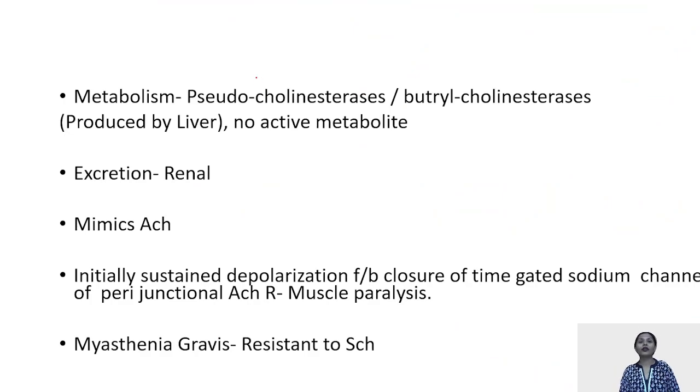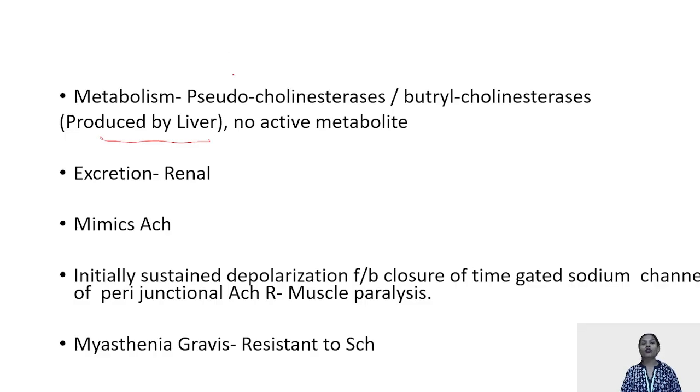Now the metabolism. Scolin is metabolized by an enzyme which is known by the name of pseudocholine esterase. As I've already told you when we were talking about the NMJ junction, acetylcholine was being metabolized by an enzyme known as the acetylcholine esterases, and scolin is metabolized by an enzyme which is produced by liver and generally found in your plasma.